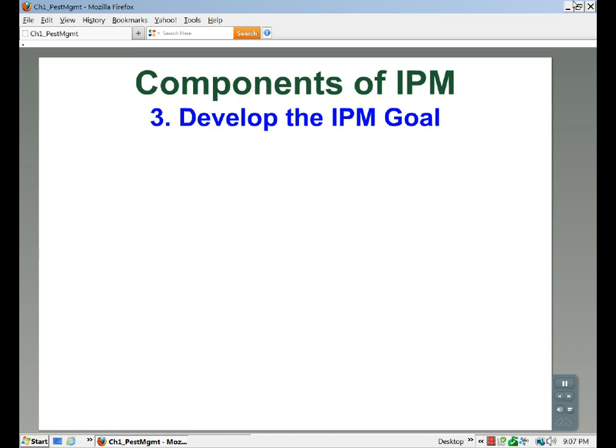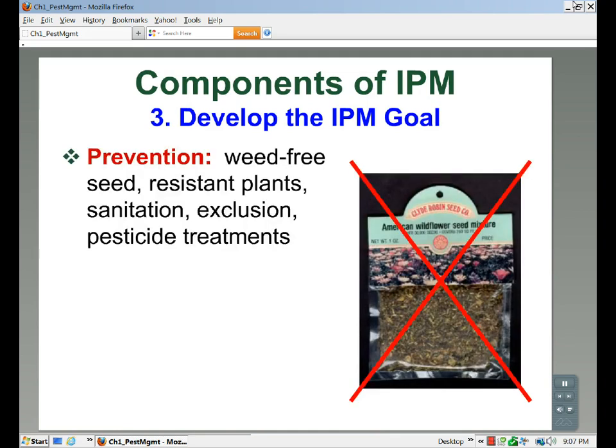You need to set a goal. Prevention is an important goal. During your planning period for crop production or prior to seeding or establishing an ornamental bed or turf grass, consider what actions you can employ to prevent pests from becoming established. Consider planting certified weed-free seed or use resistant plant cultivars.